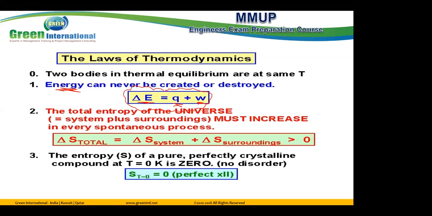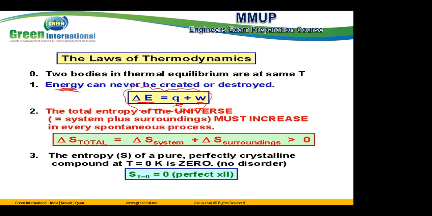Entropy means that things do not come back to the original again. What do I mean? For example, if you have two gases with a diaphragm between them and you remove the diaphragm, what happens to the gases? They mix together.